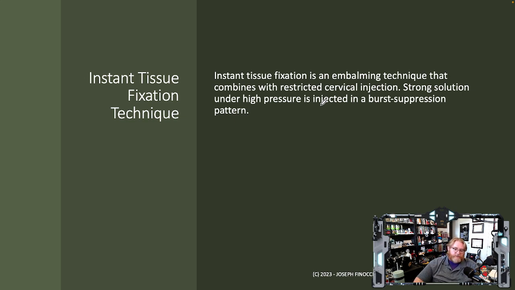So now, instant tissue fixation, also known as a head or a face freeze. Instant tissue fixation is an embalming technique that combines with restricted cervical injection. It actually is combined with any type of injection, typically multi-point or restricted cervical, rather than 1 point, for reasons we'll explain.